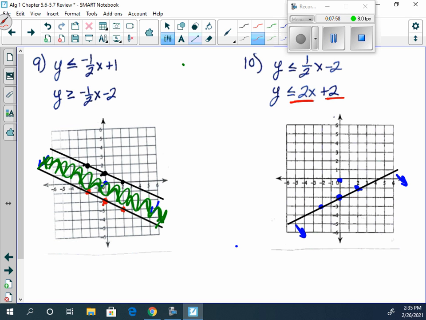So the y-intercept for this other equation is at what? +2. So we make a point here. Now the slope is what? Right, since it's +2, we would go up 2, 1, 2, and over 1. Or we can go down 2 and over 1.